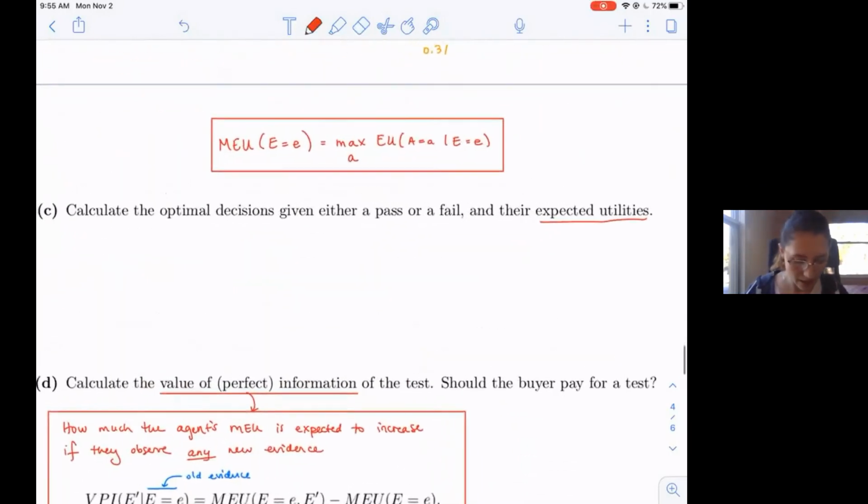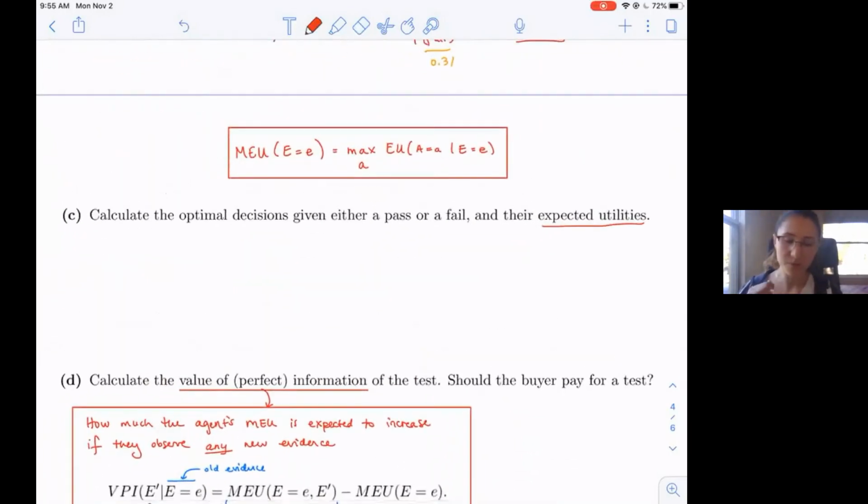Okay, we want to now calculate the optimal decision given either a pass or a fail, and then also the expected utility of these optimal actions. So as soon as we hear the words optimal decision, and when we have sort of uncertainty about how much utility I'm going to get, what this makes me think about is computing a maximum expected utility.